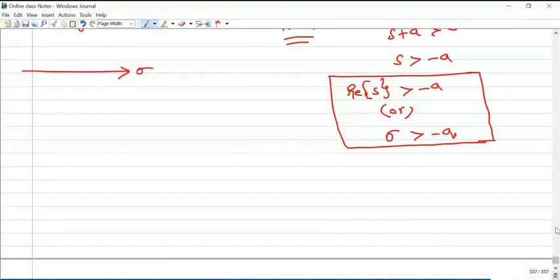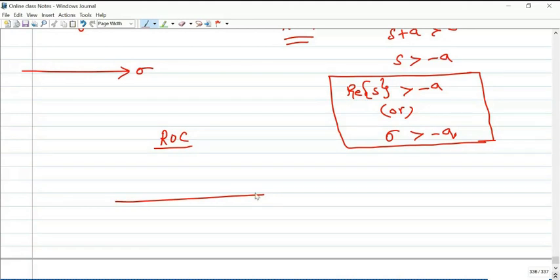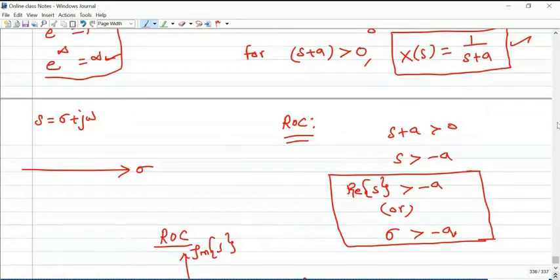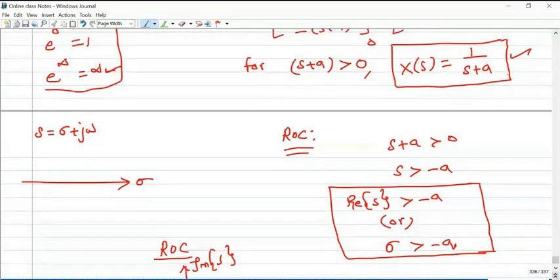So if we plot this region of convergence in the s plane, how to plot the region of convergence in the s plane? Real part of s, that is sigma, and imaginary part of s, that is your j omega. What is the expression? 1 divided by s plus a.